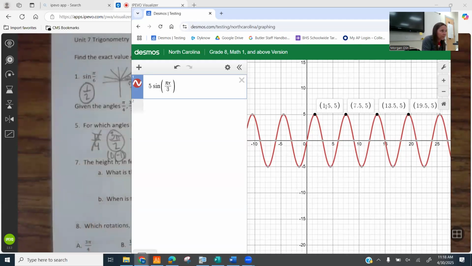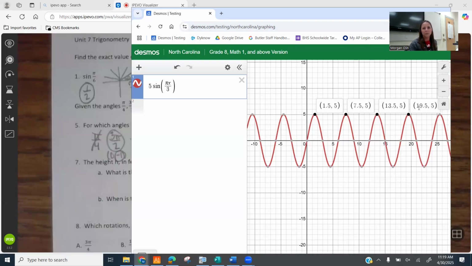so 12 a.m., 1.5. That's going to be at 1:30 a.m. I'll show you the answer in just a second, but it's 1:30. When I add 7.5, that's going to be at 7:30 a.m. When I add 13.5, that's 13 and a half hours, so that's going to be at 1:30 p.m. And then 19.5 is 19 and a half hours after 12.